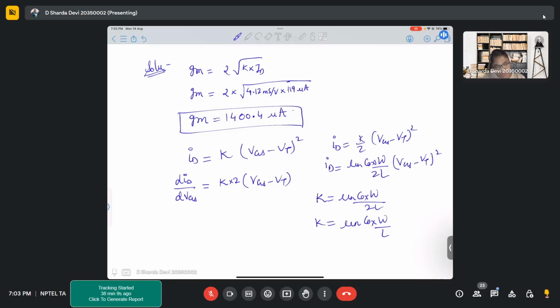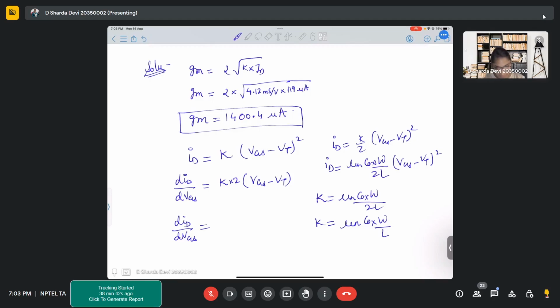Because when it is 2k(VGS minus VT), if I consider k by 2, then again it will be 935 by 2, which will give me a wrong answer. So you have to be careful with what the convention of k is in that particular question, whether they are considering division of two or not. That is something you need to look into.